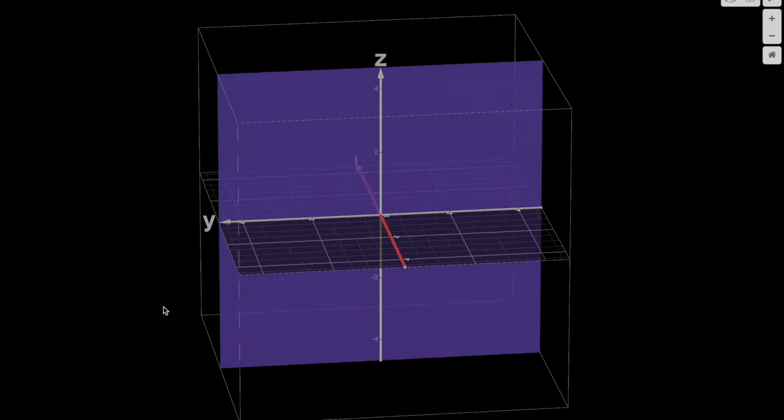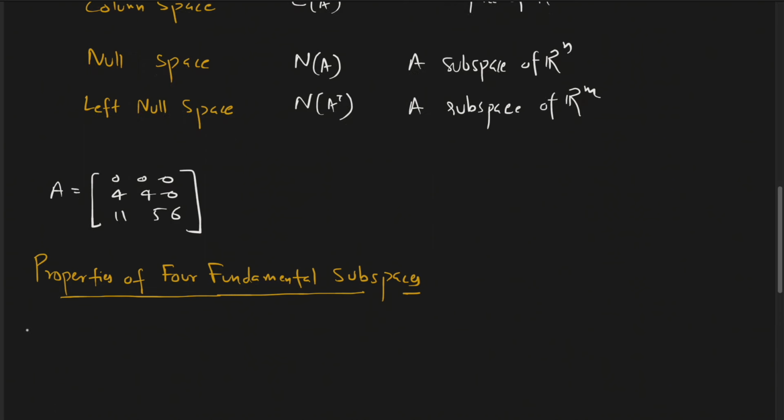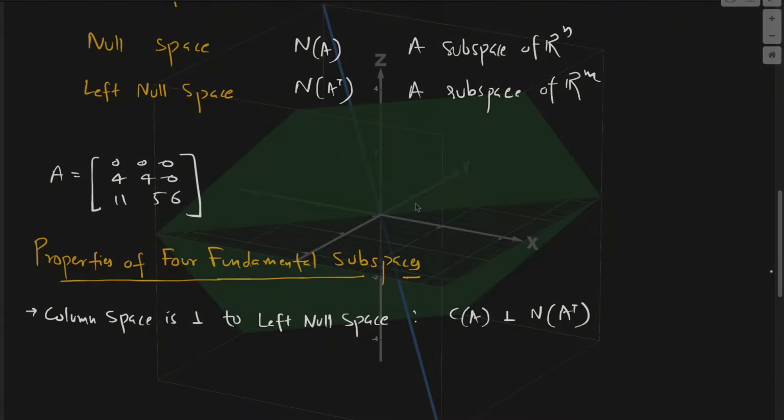This is in fact a property, one of the things in the fundamental theorem of linear algebra: the column space is perpendicular to the left null space.